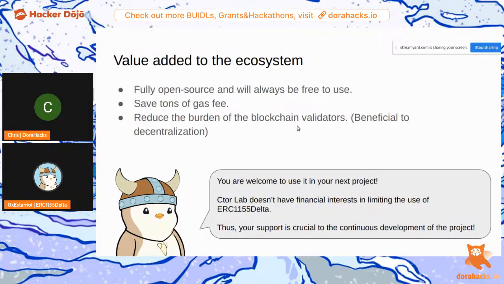This helps decentralization as it lowers the hardware requirements to run a node. ERC 1155 Delta is fully open source and always free to use. In Setor Lab, we don't have any financial interest in limiting the usage of it, and thus your support will be crucial to the continuous development of these projects.